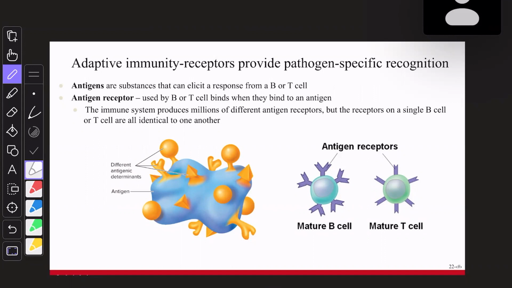Now, on an individual cell, you can have lots of antigen receptors, but they are all going to be for the same antigen. Does that make sense?